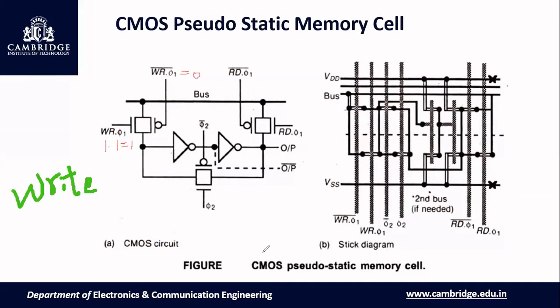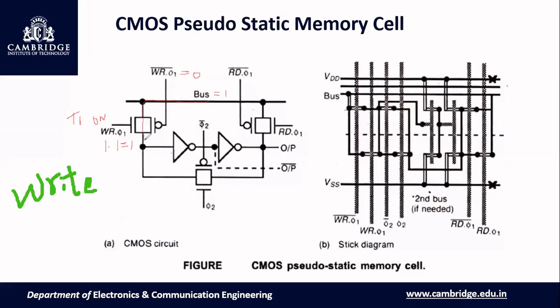Then the first transmission gate, let us take T1, will be on. Understood? Let us assume that the bus has logic 1. Whatever data you have in the bus will be written into this memory.